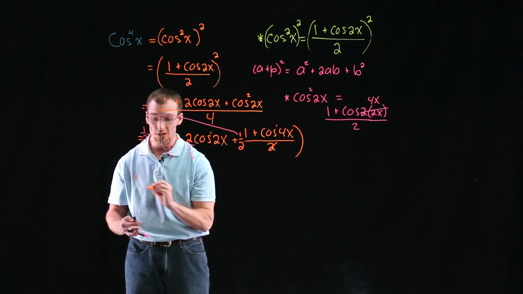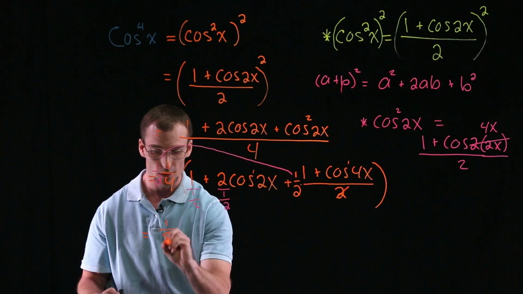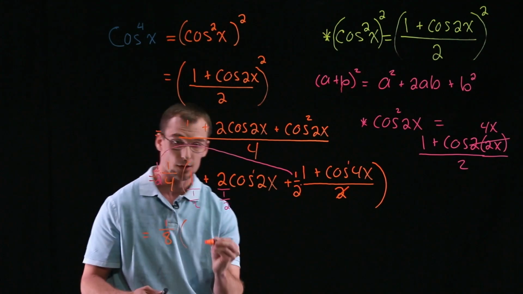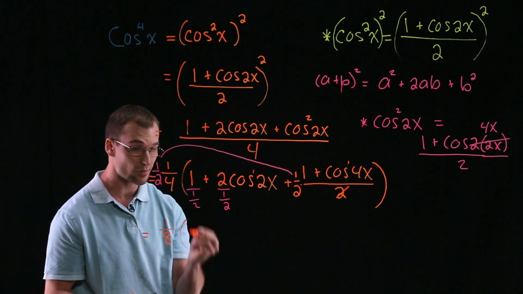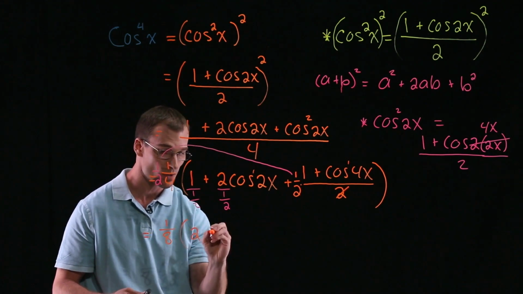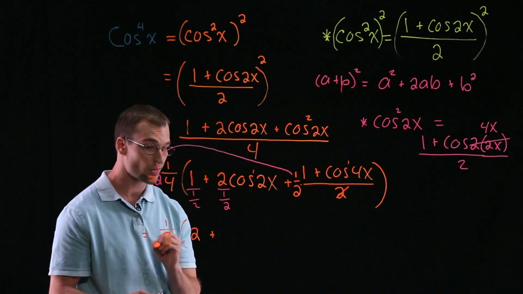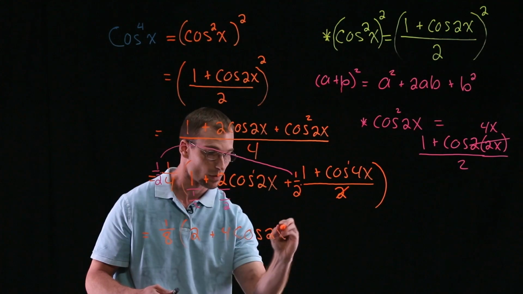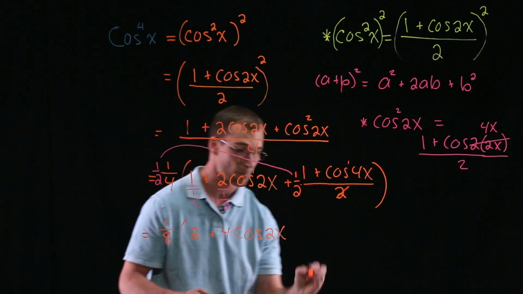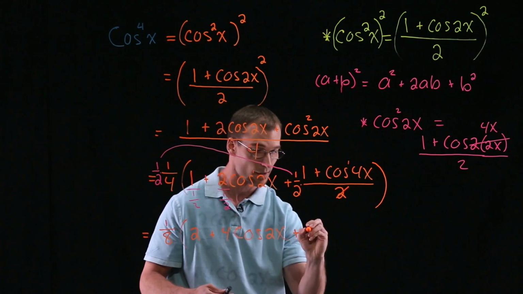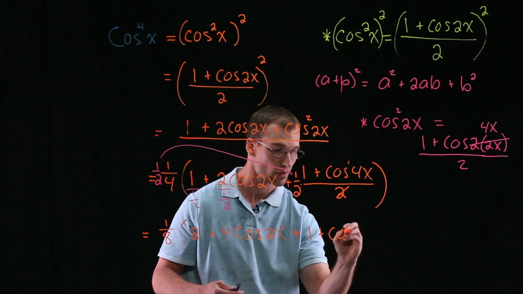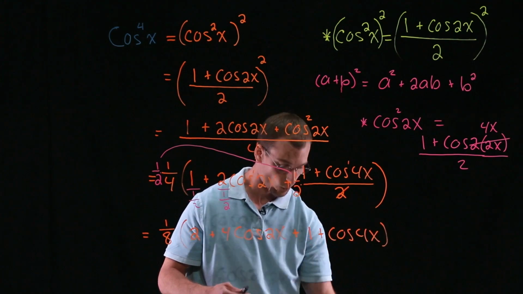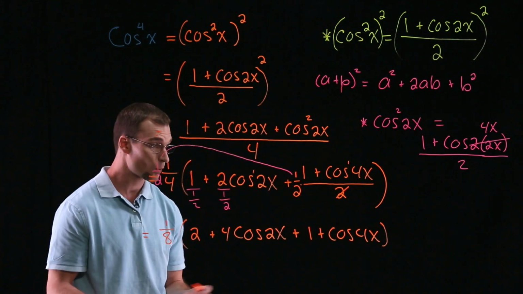Well, on the outside, 1/2 times 1/4 is 1/8. And working along, 1 divided by 1/2 is 2, plus 2 divided by 1/2 is 4 times cosine 2x, and plus just the quantity 1 plus cosine of 4x. Okay, and we're about there.